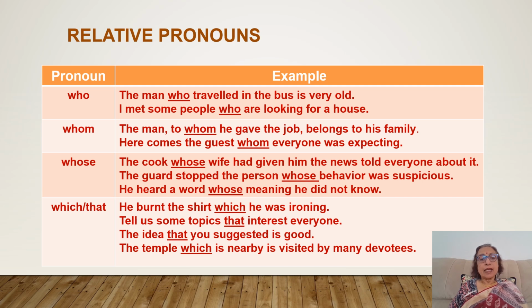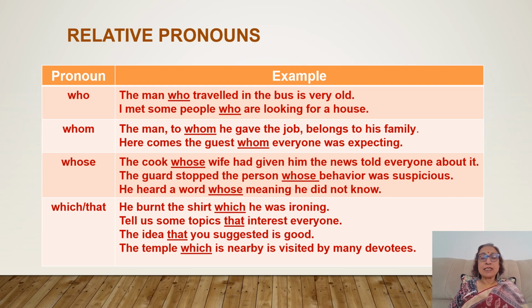The next one: the man to whom he gave the job belongs to his family. Now the sentence is, the man belongs to his family. Here man is subject, but he gave the job to him, to this man. He gave the job to the man.